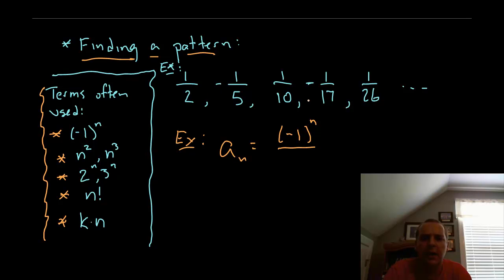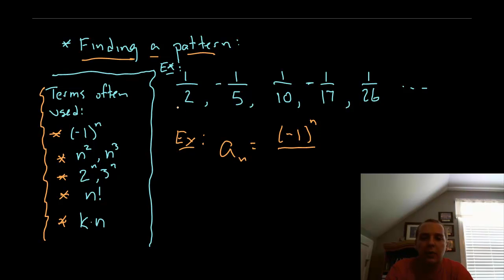Now when you look at the denominator, this one's a little more difficult. 2, 5, 10, 17, 26. That doesn't really look like anything. So a common trick is to try shifting all those numbers either down 1 or up 1 or down 2 or up 2 to get on track to one of these terms that's listed over here. So for instance, if we go up 1: 3, 6, 11, 18, 27, I still don't recognize anything.